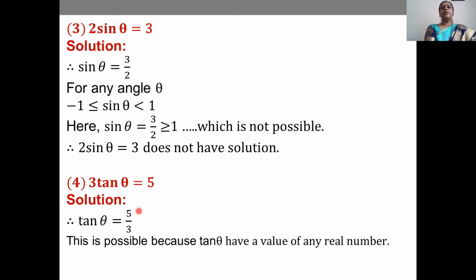Therefore, if any real number, positive or negative, is given, that can be the value of tan theta. Therefore, this equation tan theta is equal to 5 by 3 has a solution, because this is possible for any real value. Therefore, write down 3 tan theta is equal to 5 has a solution.